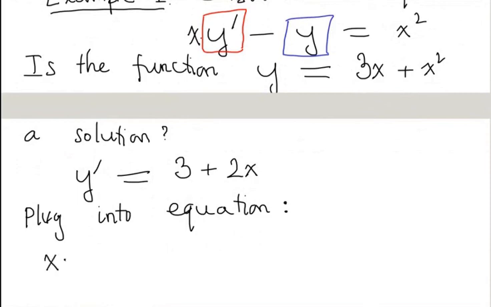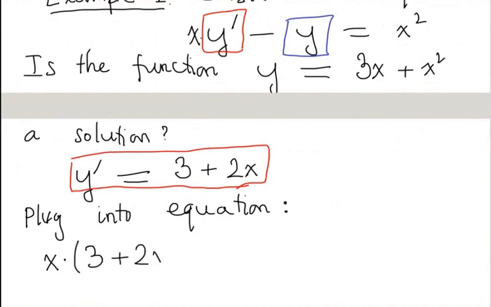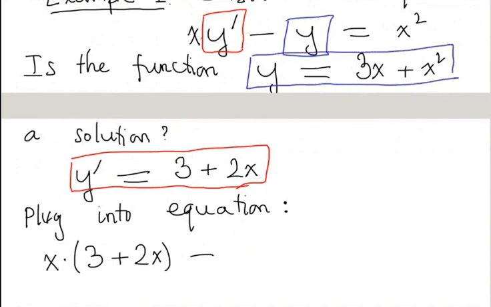I have x times the first derivative y prime, and y prime is given right here: 3 plus 2x, minus y, and y is given as 3x plus x squared. Remember, when I have several terms in y and a minus sign, I need to put parentheses around it to make sure later on I distribute the minus sign.